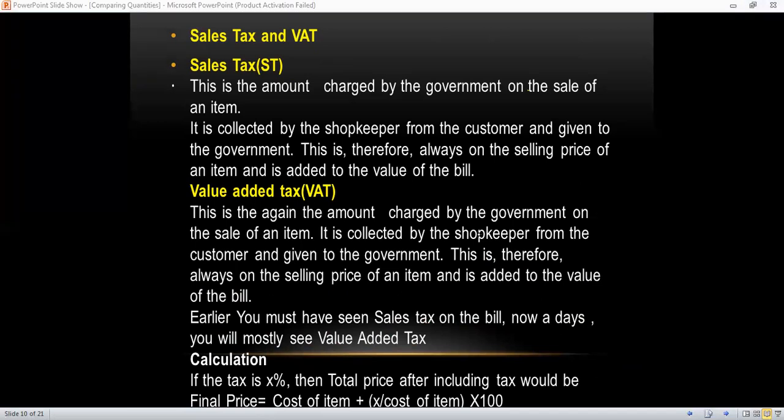If the tax is X%, then the total price after including tax would be: the final price is equal to the cost of item plus X upon cost of item into 100.